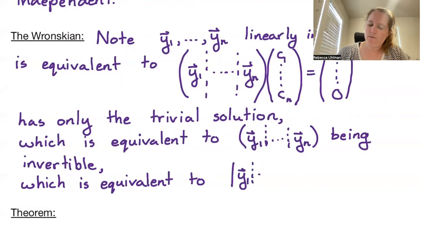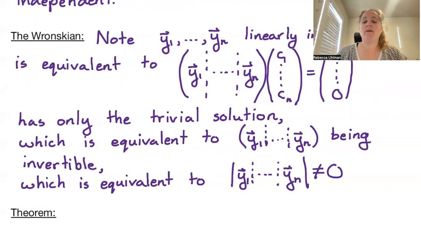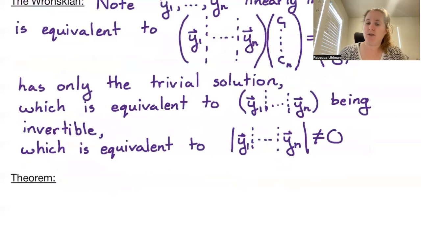So the determinant of the matrix where our y1 through yn are the columns cannot be zero. And so again, we call this determinant the Wronskian.